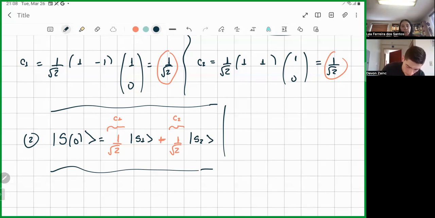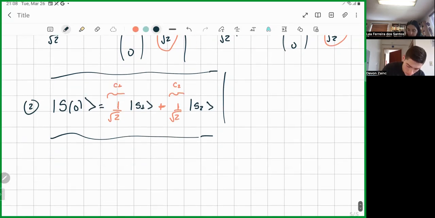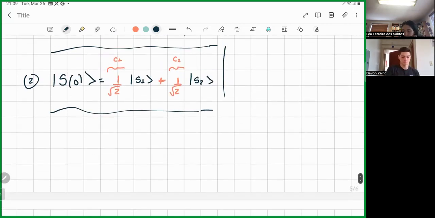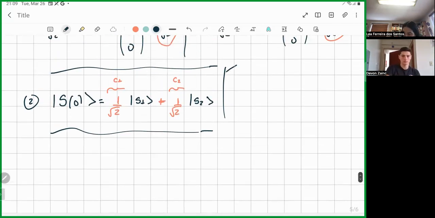Now I'm going to make a parenthesis here, okay? This third step will be to find the evolution. But before we go into that, let me make a parenthesis to tell you something. Well, first, if you look at what we have here, our initial state was 1, 0. Now we are writing it in terms of S1 and S2, but it remains 1, 0. The vector never changes. What we are doing here is changing the basis in which it's written.